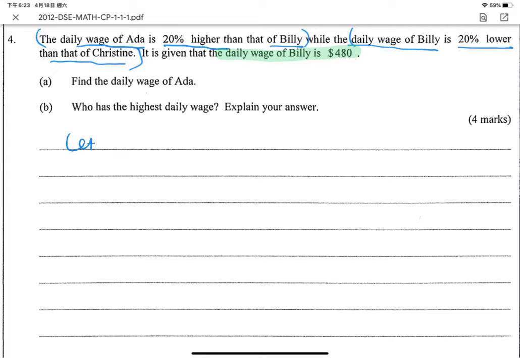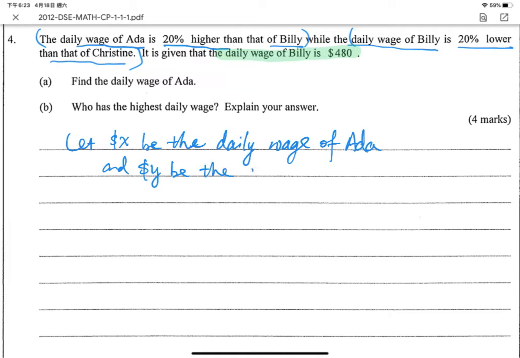Let X dollars be the daily wage of Ada, and Y dollars be the daily wage of Christine.